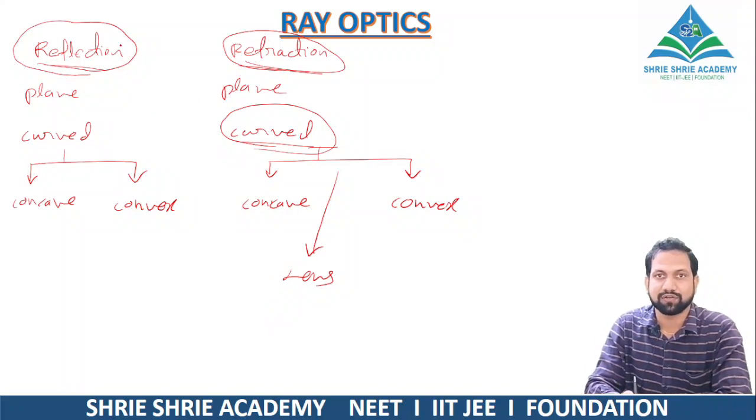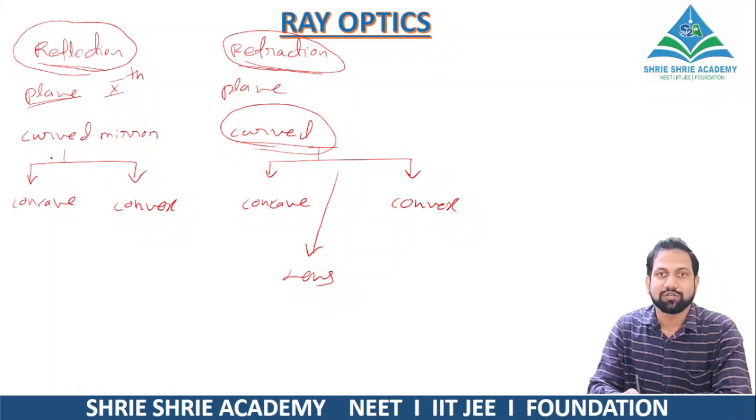Major topics are reflection and refraction. In that, reflection at plane mirror is a 10th level topic. You will not find many questions in the NEET exam from the plane mirror case. Okay, and if they are asking, it's a very easy level question. And plane mirror reflection is not included in the 12th syllabus. Only reflection at curved mirrors they have given as syllabus.